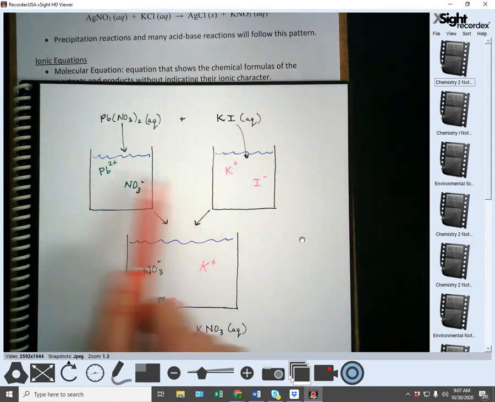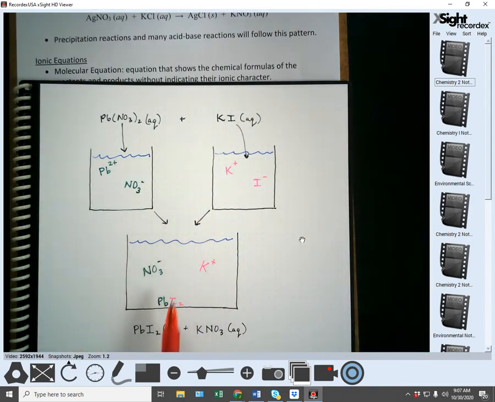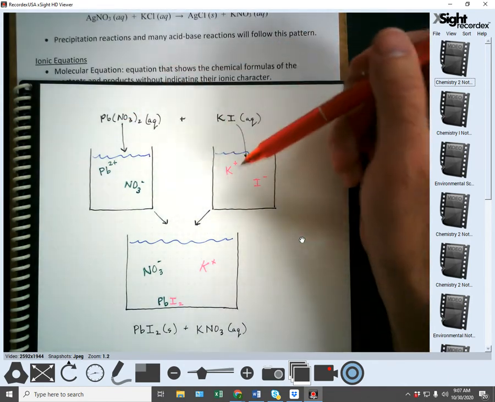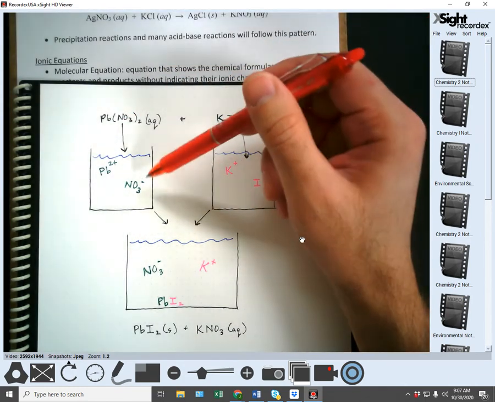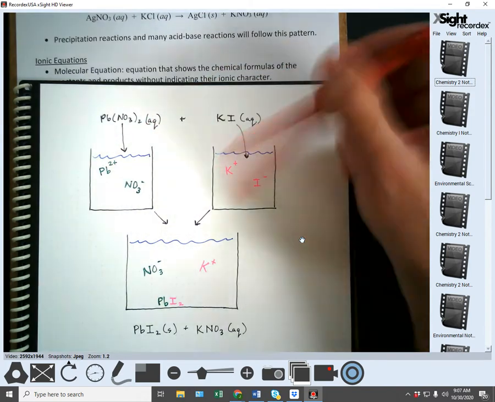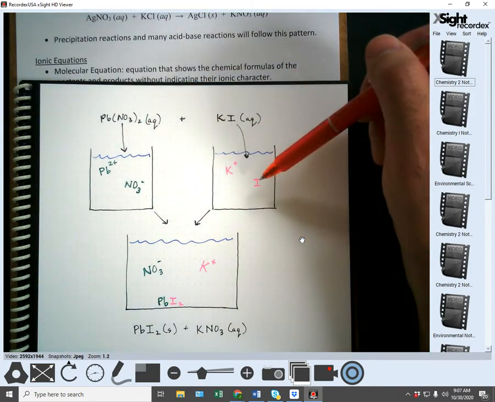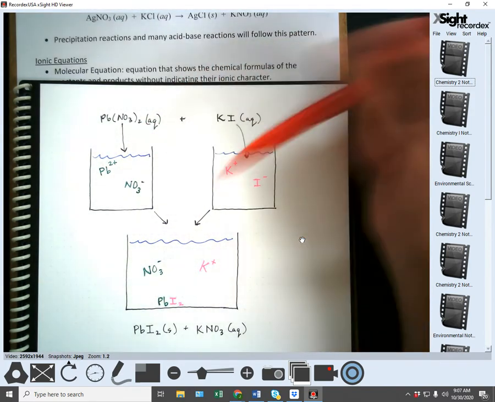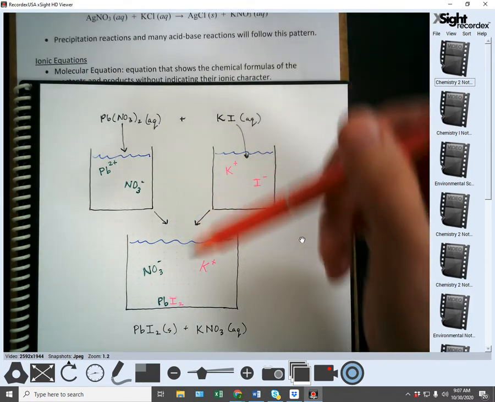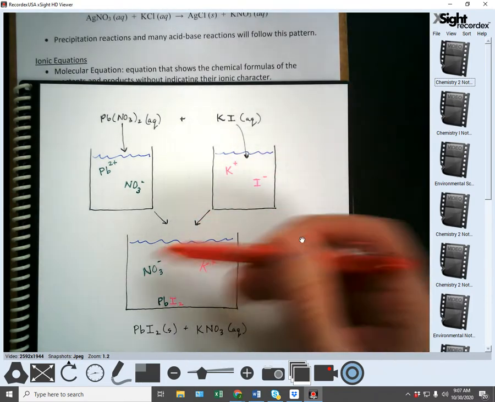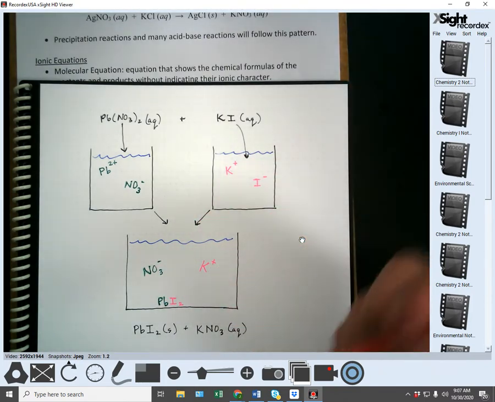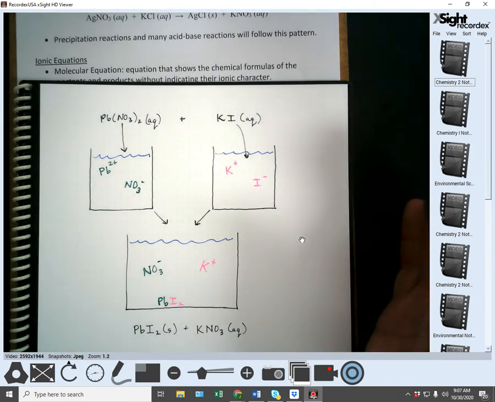Well, the only thing that's changed from before the reaction to after is the PbI2. That's become a solid. The K plus 1 and the NO3 negative 1, they were floating around as ions. They were ionized in the solutions before the reaction, right? Well, they're still ionized in the solution after the reaction. So they didn't really do anything.